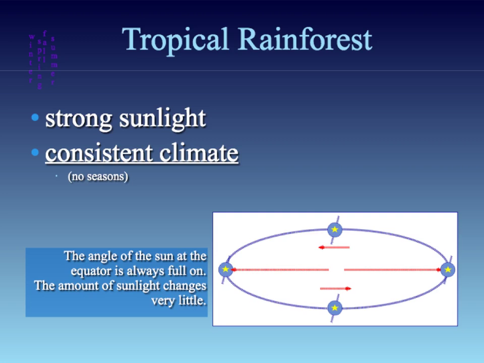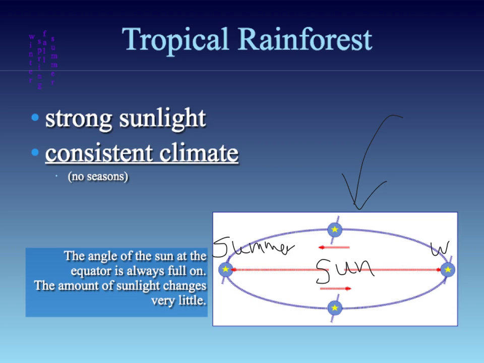Now, some things are missing on this picture. The sun should be here and the seasons should be labeled, but they are not. So if we imagine that this would be summer, the reason I know that is because the northern hemisphere, that would be summer for us, is pointed towards the sun.